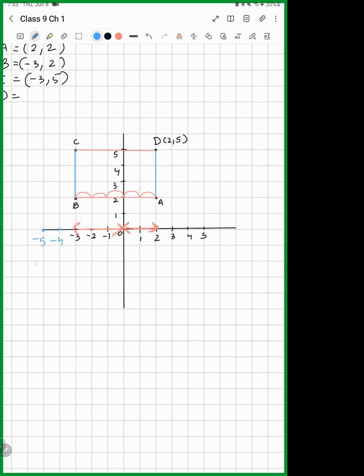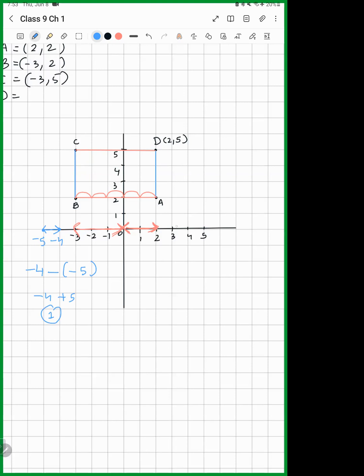It is the bigger point minus the smaller point. So it's minus 4 minus minus 5, which is minus 4 plus 5, which is 1. So the distance between them is 1.